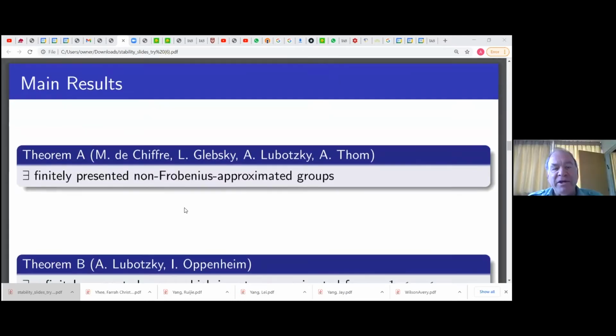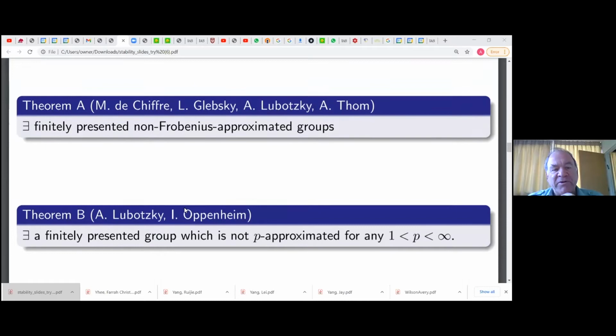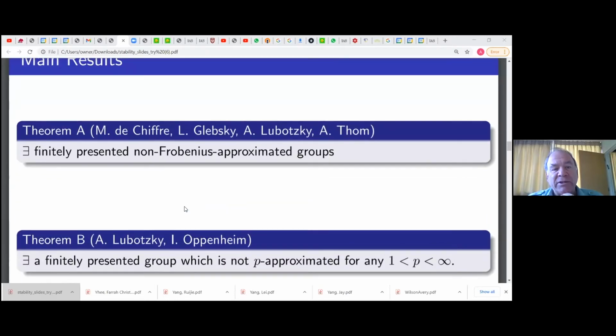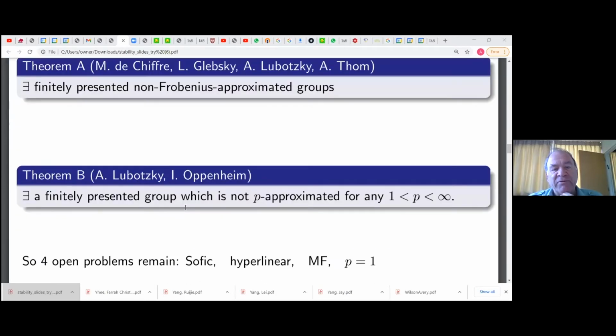Shortly after that, I wrote a paper with Oppenheim based on that method, and we prove, in fact, even stronger results that solve the problem for every p between 1 and infinity, and even in a strong sense: there exists a finitely presented group which is not p-approximated for any p between 1 and infinity.